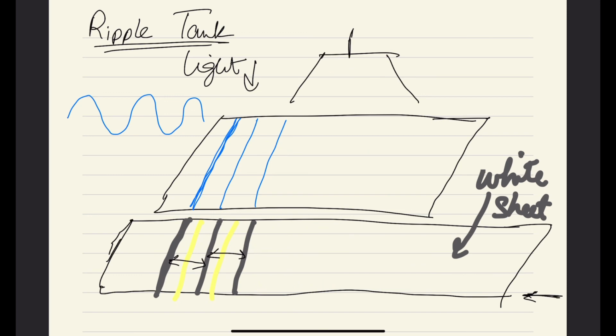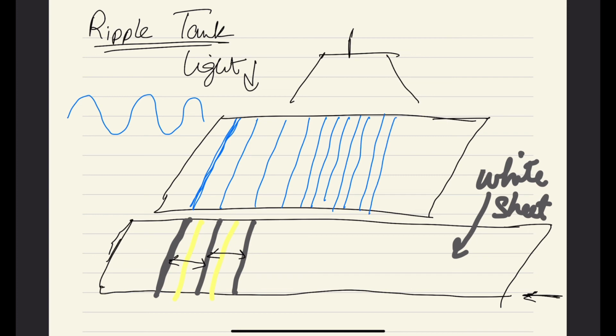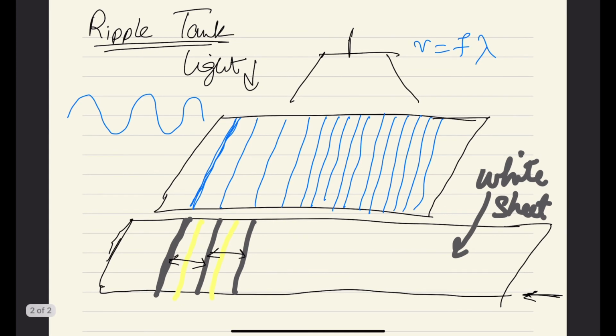All right, so when the depth decreases, the wavefronts will come close to each other like that. These are the wavefronts. What does it say? We know that v is equal to f lambda. So you see over here the wavelength is more and here the wavelength is less.